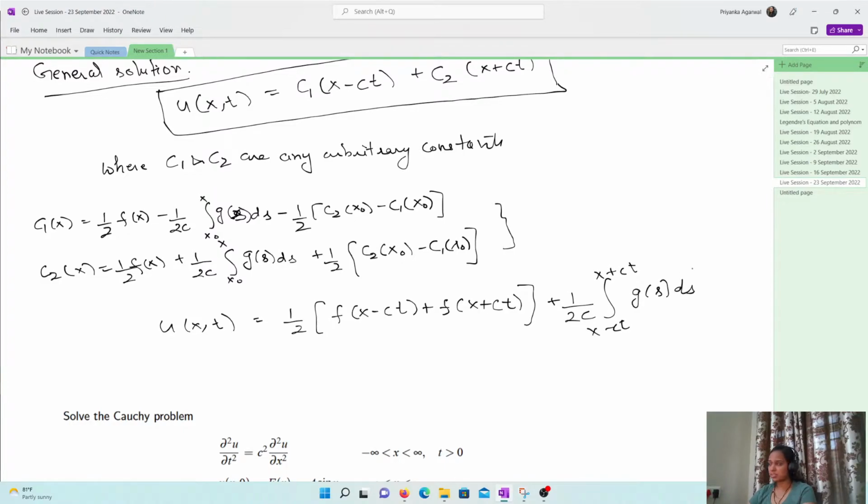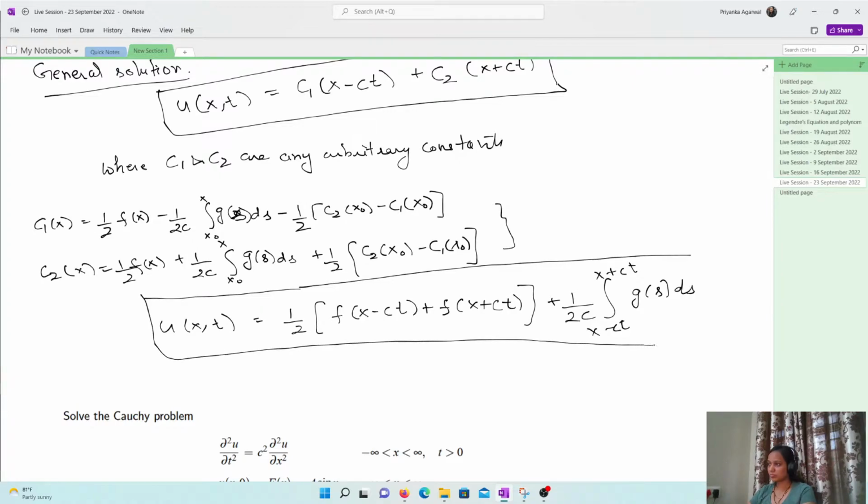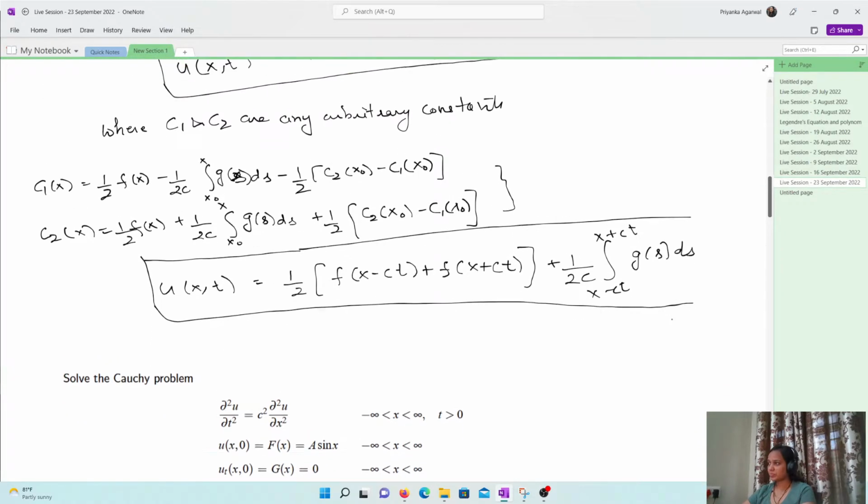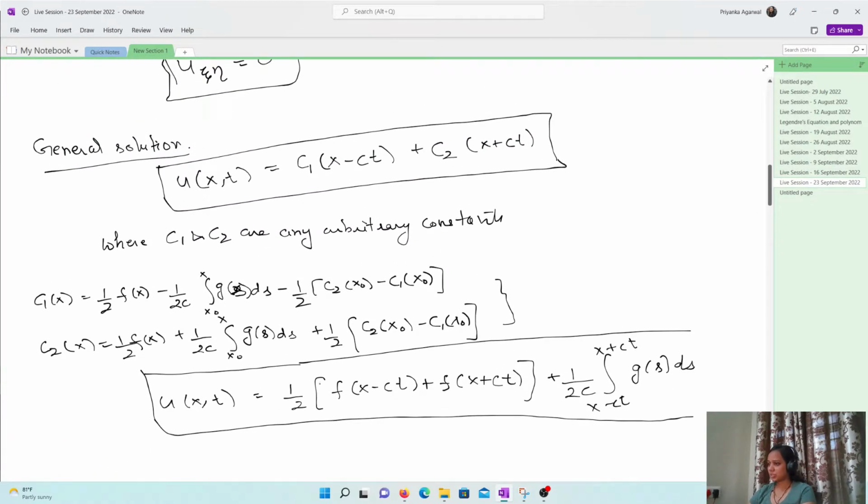This is when t is greater than 0. So this is the required solution. Now here t is greater than 0 and x belongs to any real number.